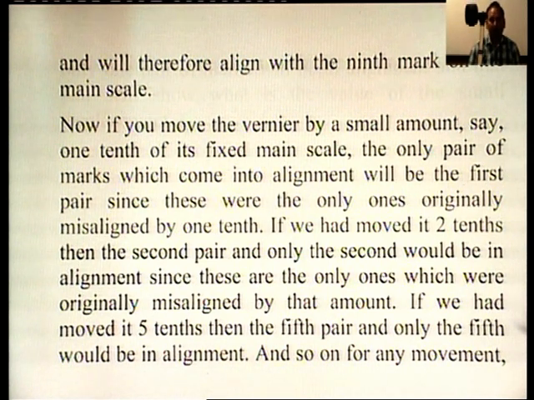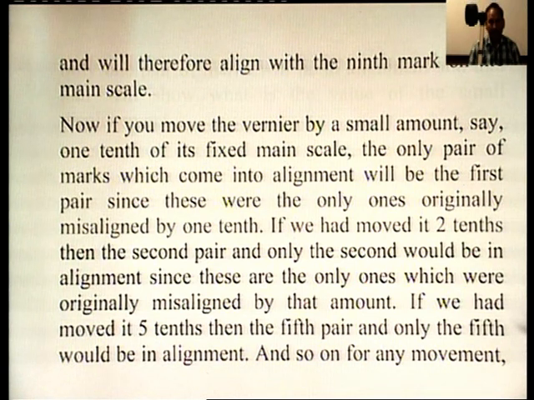So, now if you move the vernier by a small amount, say 1/10 of the fixed main scale, the only pair of marks which comes into alignment is the first pair, since these were the only ones originally misaligned by 1/10.